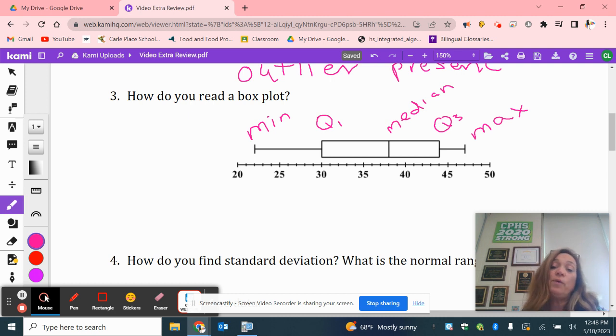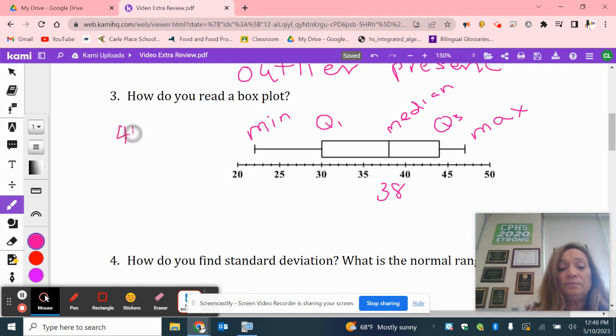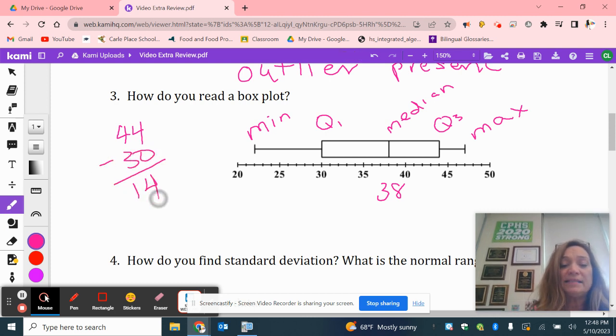So if the question says what is the median, 38 would be the median. If they wanted to know the IQR, I would find Q3, I would find Q1, and I would subtract, and that would be the IQR.